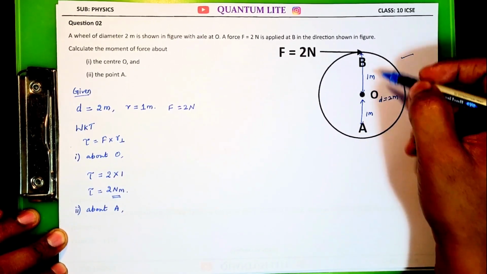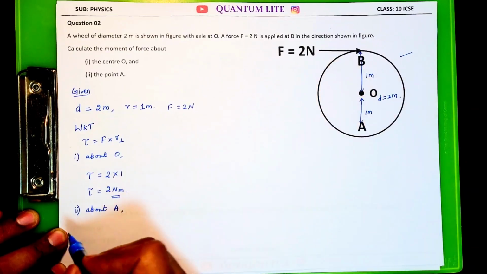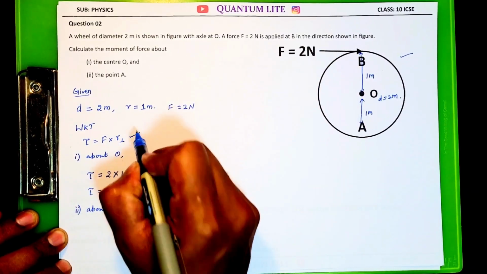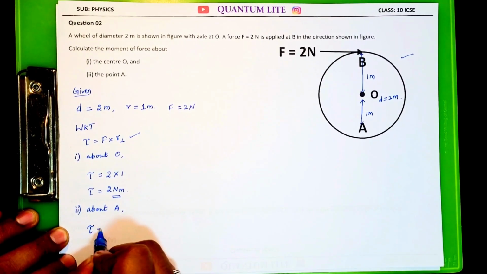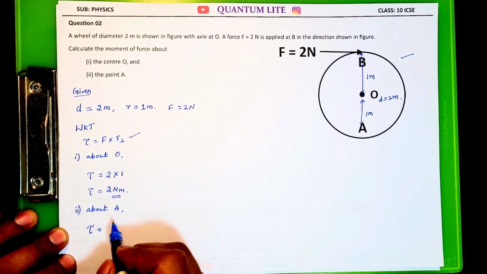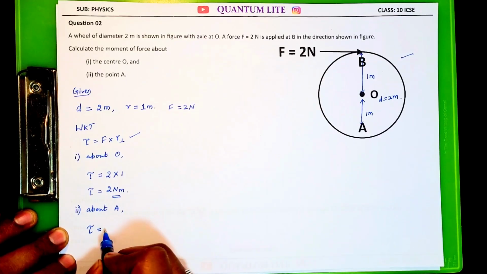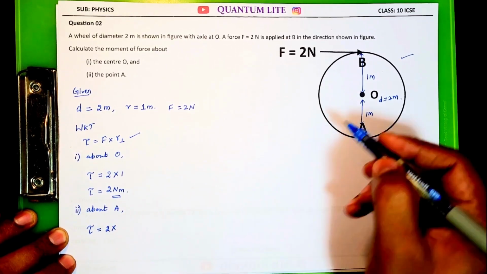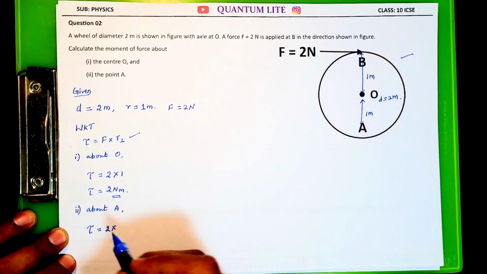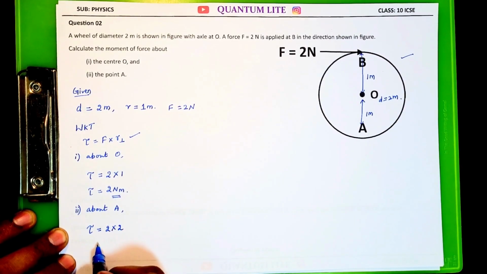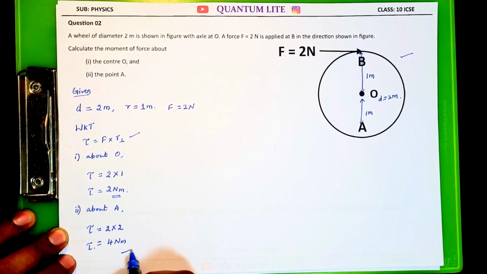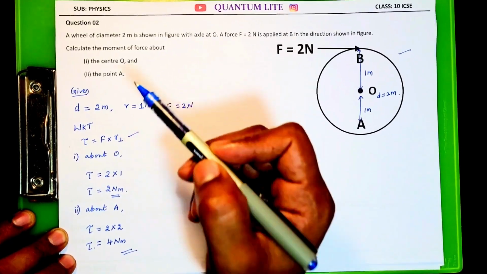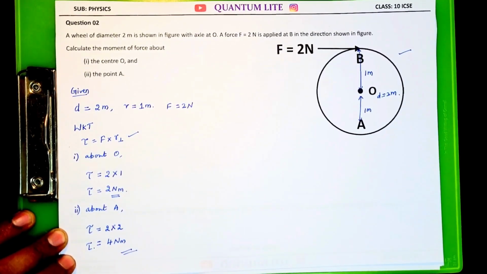So the perpendicular distance is equal to 2 meter, force is 2 Newton. Again we use the same formula, tau equal to force into perpendicular distance. The force is again the same, 2 Newton, and the perpendicular distance from point A to B is 2 meter. So that is equal to 4 Newton meter. That means the moment of force about A is equal to 4 Newton meter.